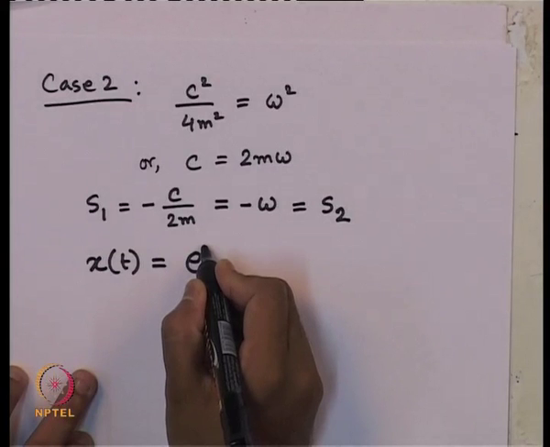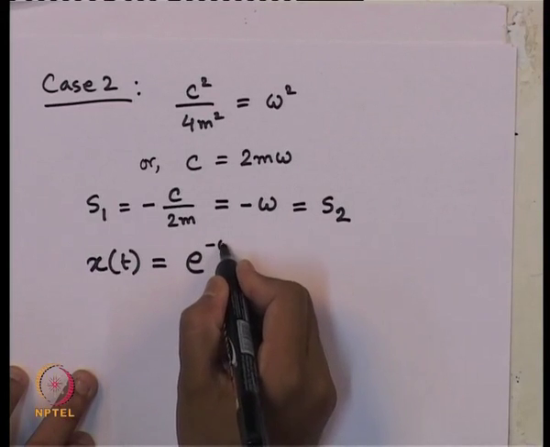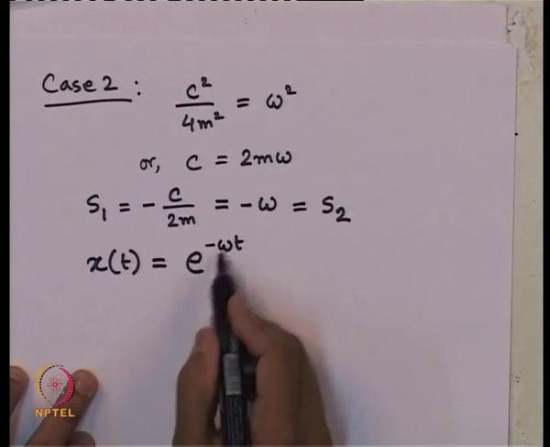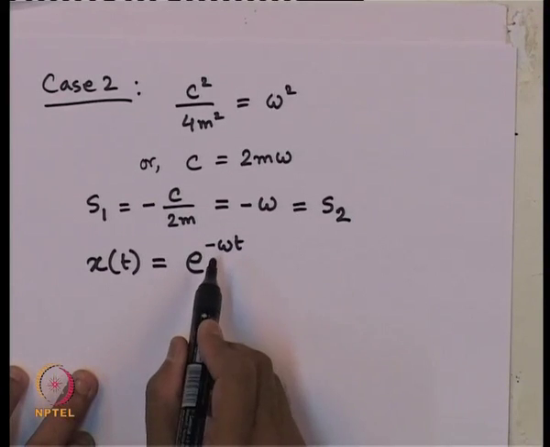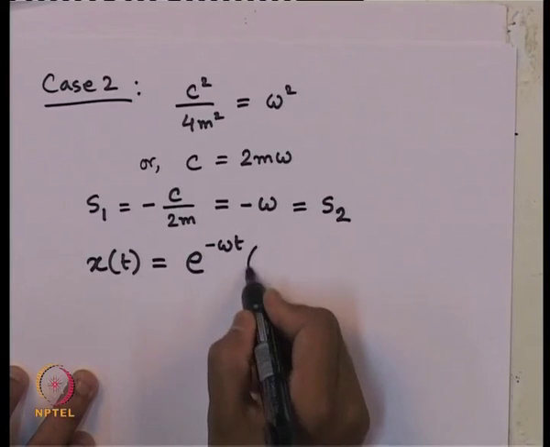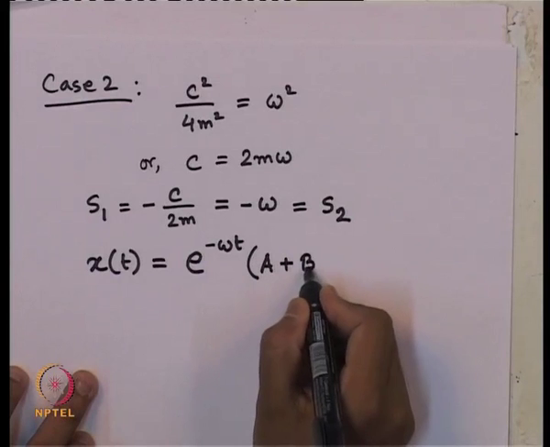So, e to the power of what is the root? s is minus omega. So, minus omega t; e to the power s t was our general solution. So, the solution is e to the power minus omega t times (a plus b t).